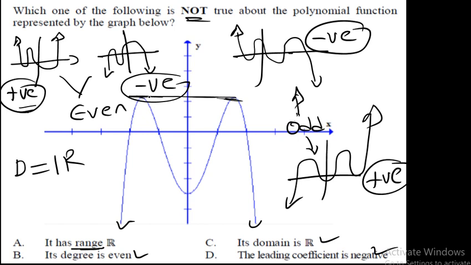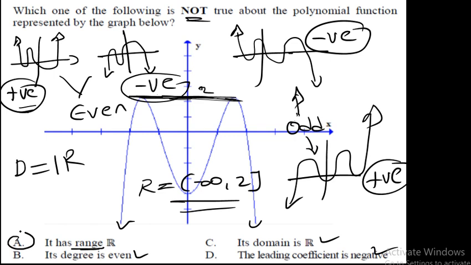This is a maximum, and below this will be the range, because the graph will not continue up. It's not all real numbers, it's below some point. This number may be 2 or 3, or between 2 and 3. If this number is 2, the maximum bending point, the range will be negative infinity to 2, closed interval. So A is not correct.